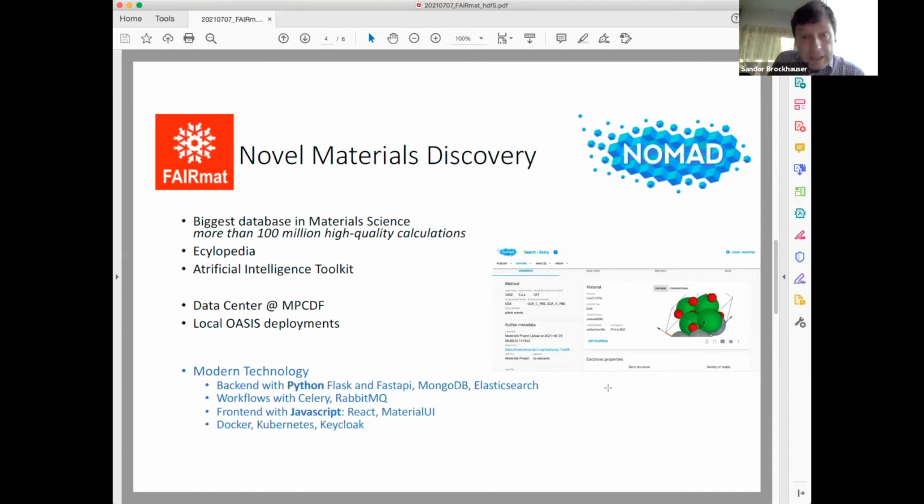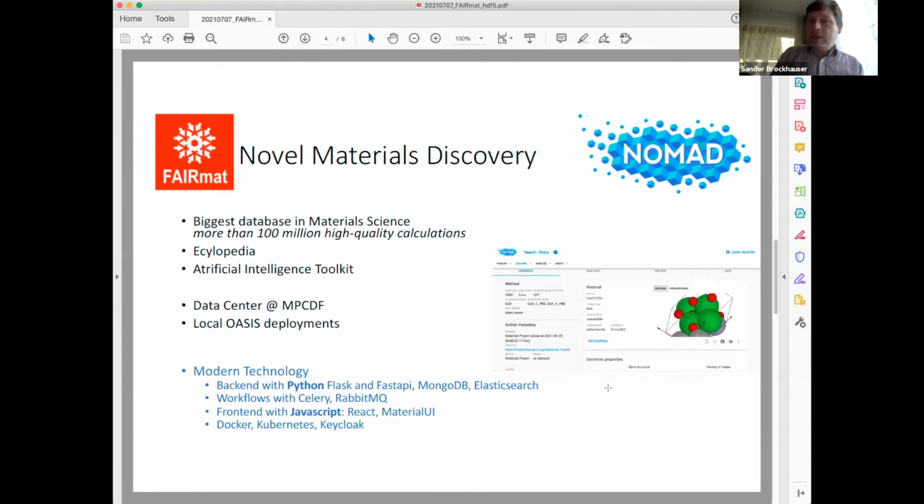As a previous result, we already have data storage which contains more than 100 million different computations. These are mainly simulation results coming from theory. But slowly we are also getting experimental data in, and that's where HDF comes into play.